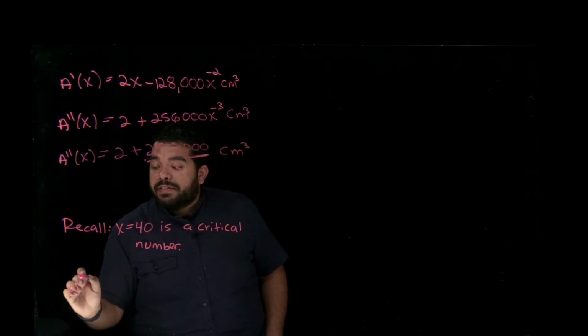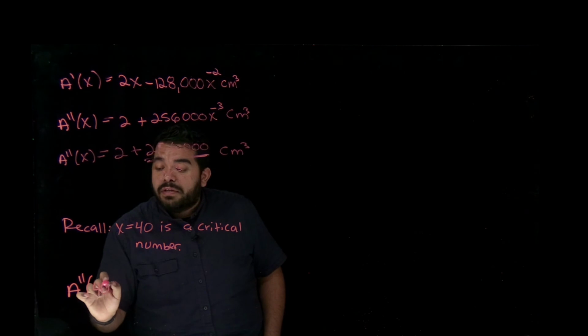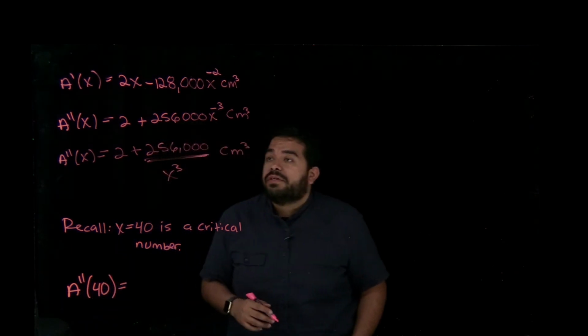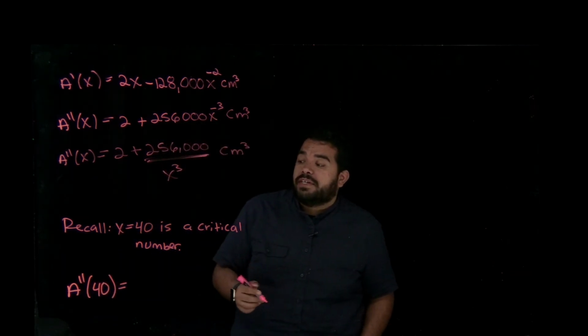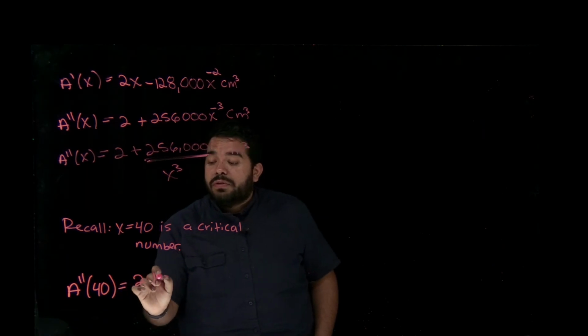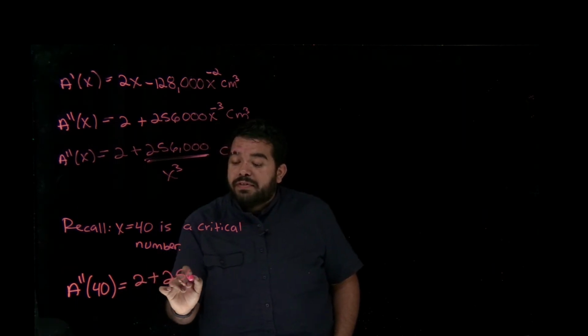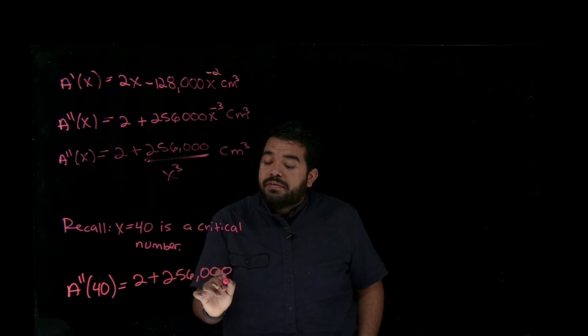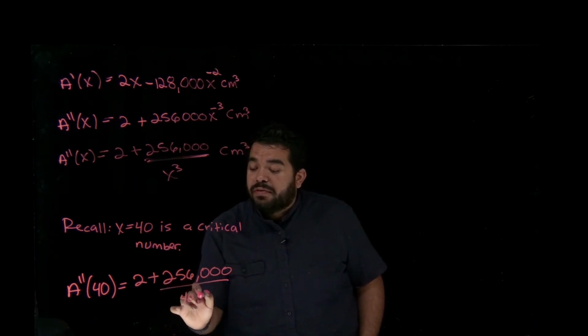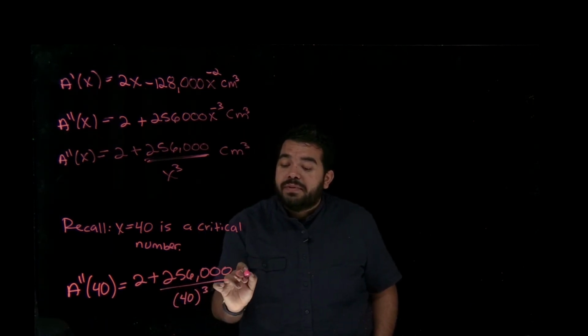So if I plug this in, I'm going to plug in 40 everywhere I see an x here. So I have 2 plus 256,000 divided by 40 raised to the third power, and this will be cm cubed.